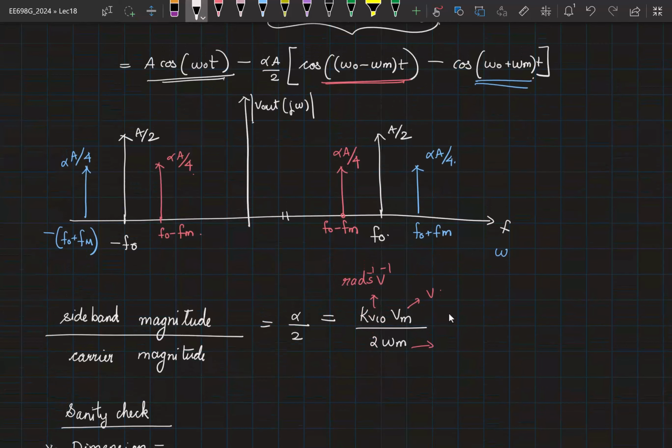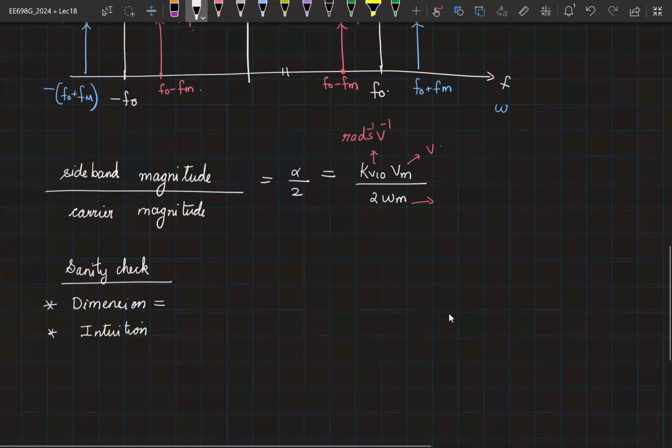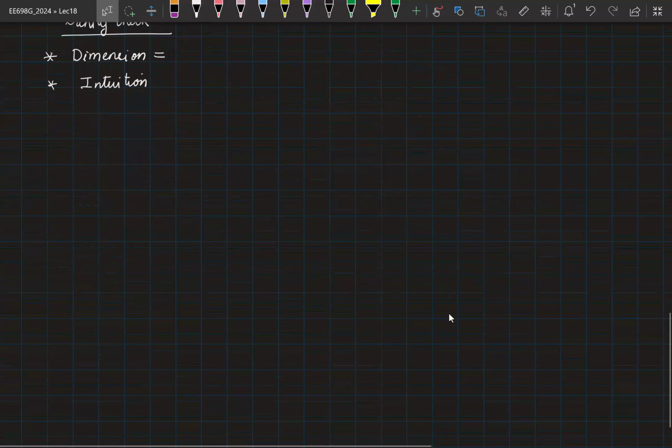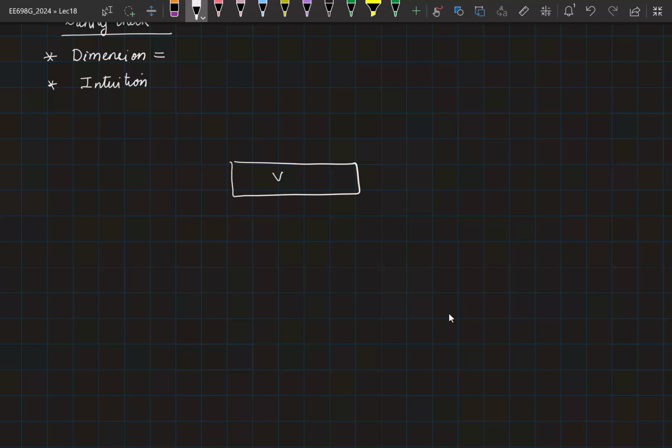Okay, so now we take the same VCO, but instead of connecting a deterministic source at the VC voltage, we'll do something interesting. Instead of a deterministic voltage source, I connect a resistor. What do you expect to see?